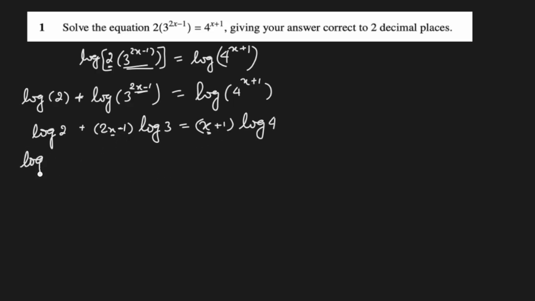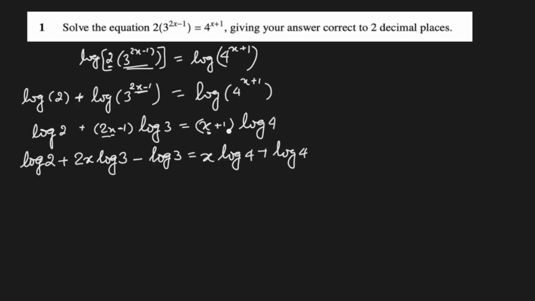So log 2 plus 2x log 3, 2x multiplied with log 3, they are multiplying, minus log 3 equal to x log 4 plus log 4. So whatever was inside the bracket multiplied with the log. Now this has x, this has x, let's keep them together.